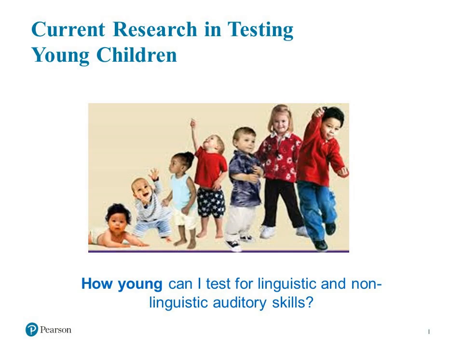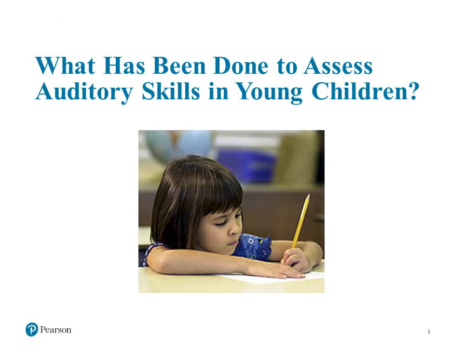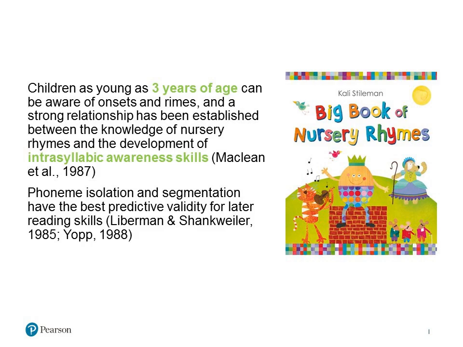The big question has been, how young can we test children for linguistic and non-linguistic auditory skills? Well, what has been done? And in my research, I found that there's been a number of different studies all around the universe. Children as young as 3 years of age have been found to be aware of onsets and rhymes and develop a strong relationship between the knowledge of nursery rhymes and the development of intrasyllabic awareness skills.